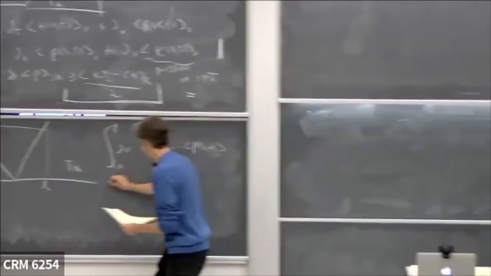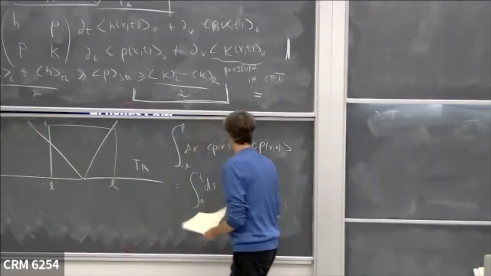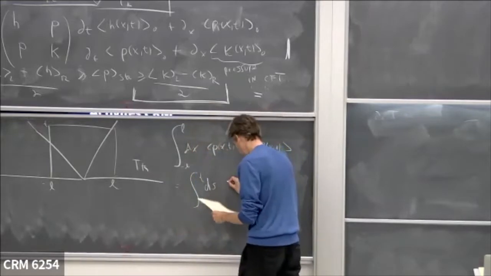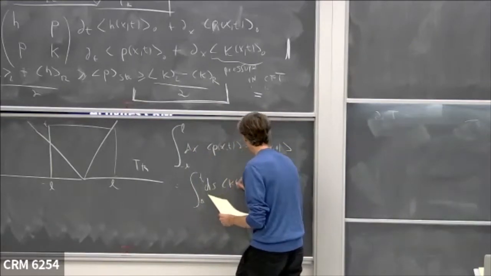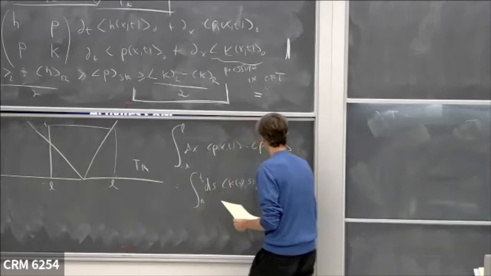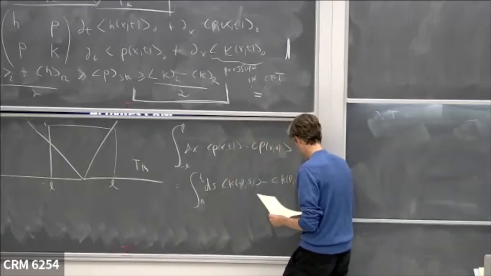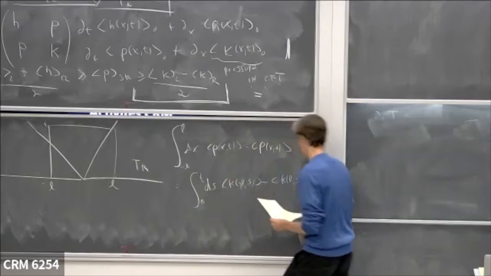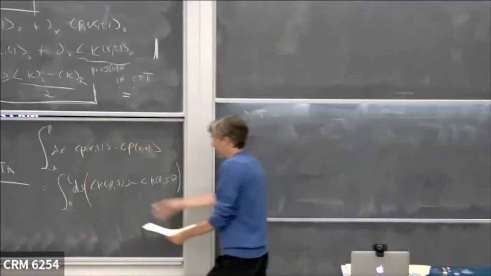And this must be equal to the integration from 0 to t of the average pressure: the pressure at minus L, s, minus the pressure at L, s. That's it. Right. Okay, so I have these relations. So this is what's happening. I have this one, that one, that one, and that one.